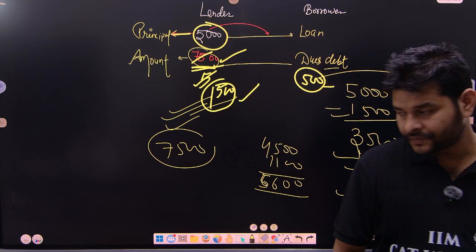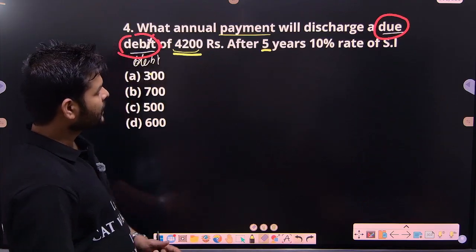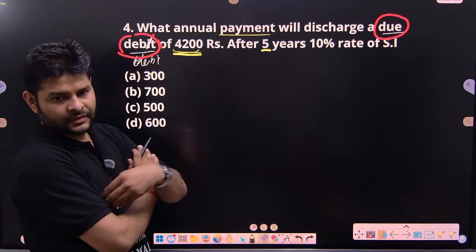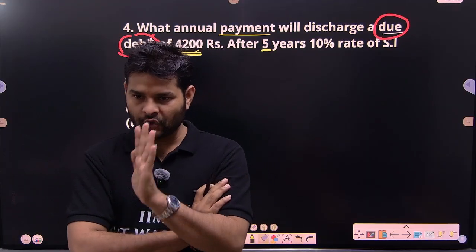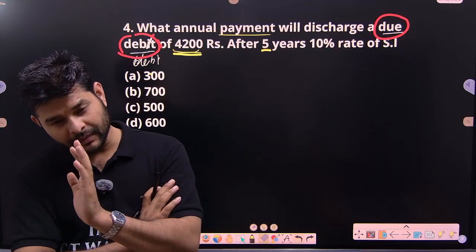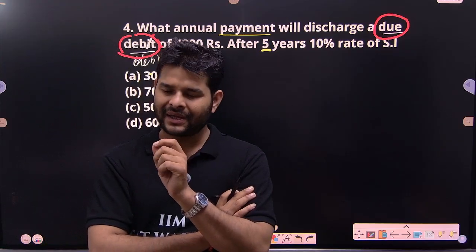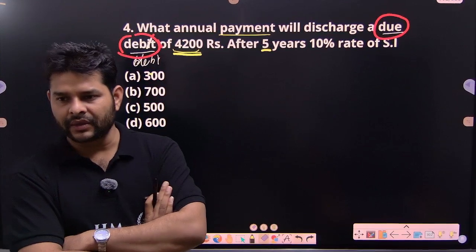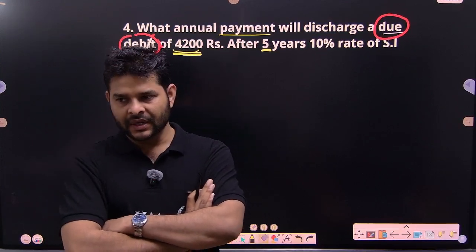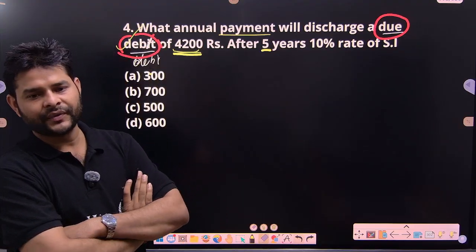Clear? Now, what is the condition now? I have due days of 42. Guys, this is a too deep concept. Within the formula, you can get the answer immediately. But intentionally, I am going deeper. The reason behind it is just to explain the value of due dates.